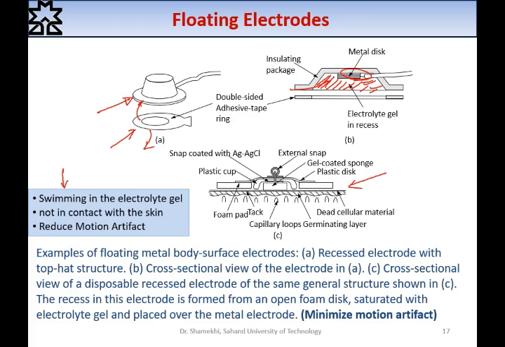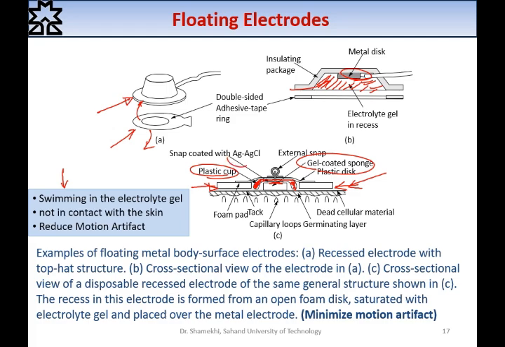And as you can see here, we have an adhesive here, a cup here, and under this cup, a gel-coated sponge is located, and the disc here is for recording the signal.